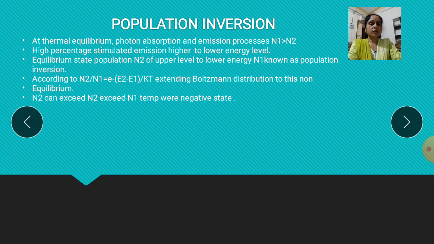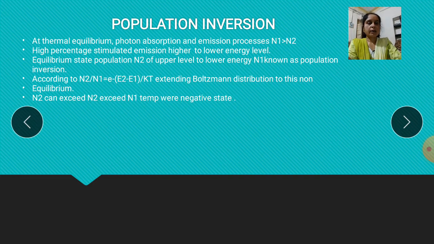Population inversion, where N1 is greater than N2, is generated. In population inversion, the energy levels E1 and E2 are considered, and the majority of atoms are present in the higher energy level rather than the lower energy level.